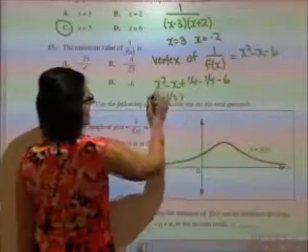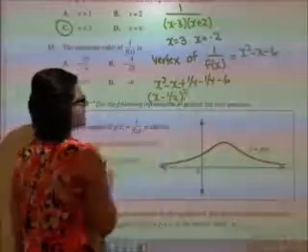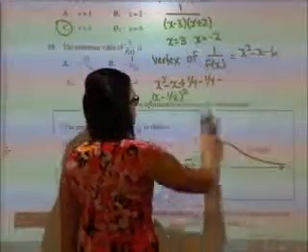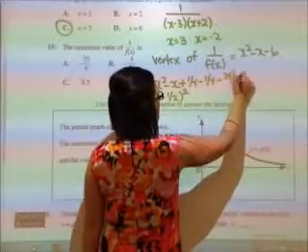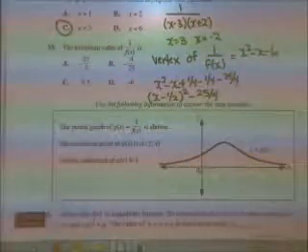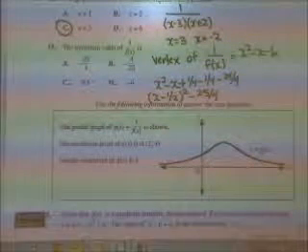So when I factor it, I get x minus 1/2 squared. 6 would become 24/4. So I get a minimum value of negative 25/4, which would be negative 6.25.